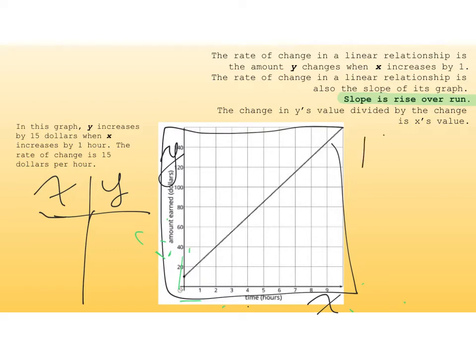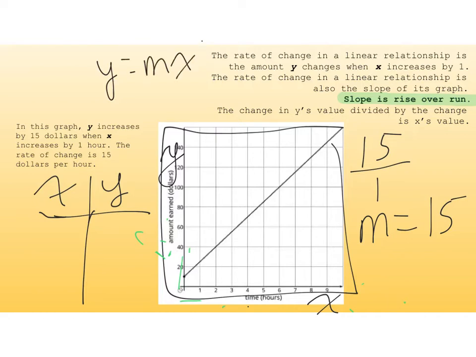It's 15 over 1. Our m, our slope, is 15. Remember, it's y equals mx plus b. And that's our slope. And this is our y-intercept. Okay, that's where it crosses here. Right there is our y-intercept.